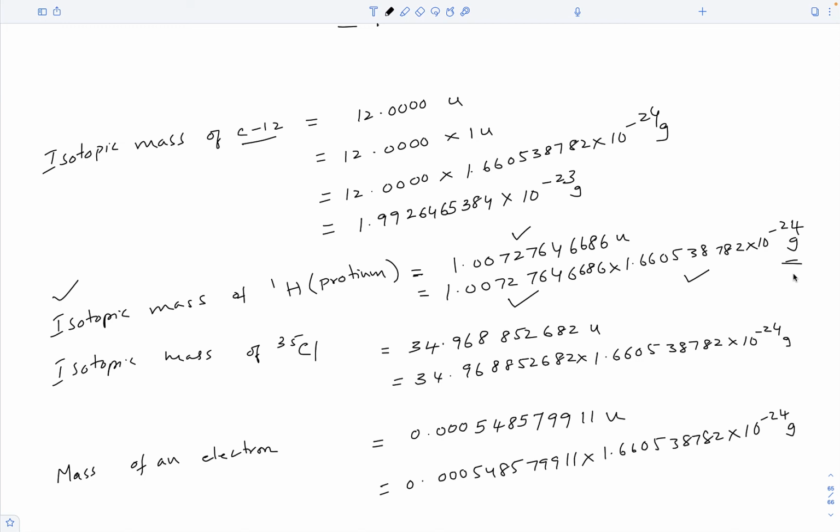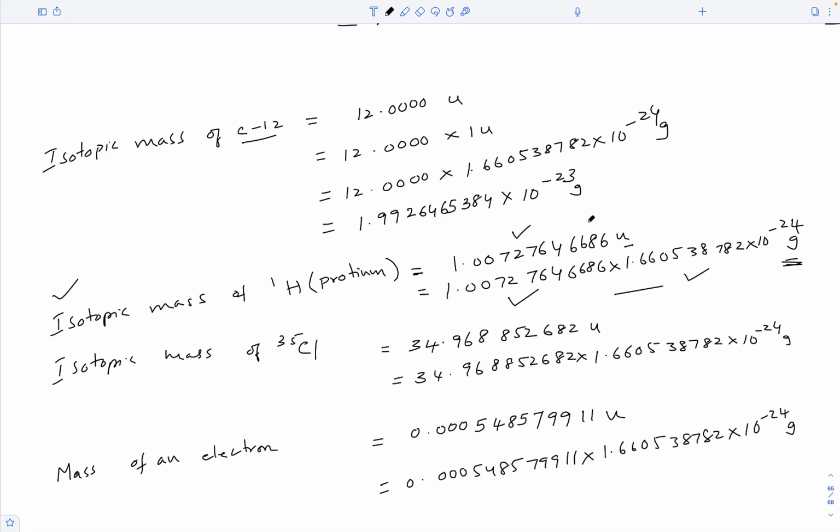Now, you compare these two options. What do you think is a better option? I think this is a better option than the first option. That is why we don't use mass spectrometers to determine masses of particles in kilograms. We calculate the masses of particles in kilograms using this method.